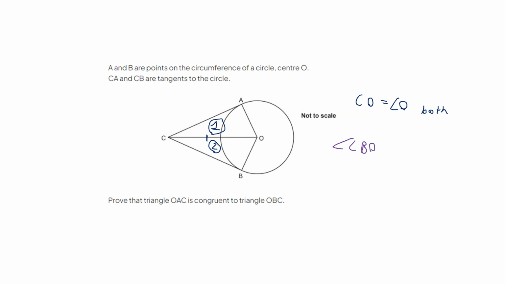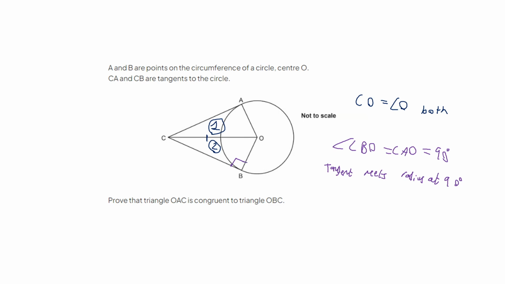CBO is equal to CAO, which are both equal to 90 degrees. Why? Because a tangent meets a radius at 90 degrees. So now we have a hypotenuse, a right angle, and guess what?